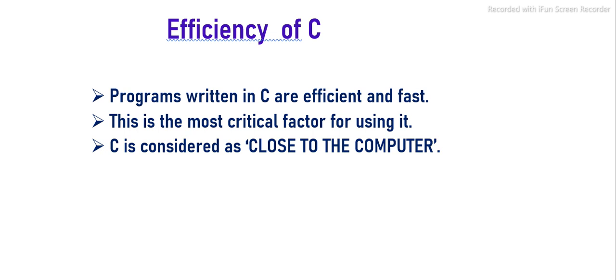But X bought a cake from the nearest bakery shop, so it is much faster. Absolutely it is not the best, but it is faster. This is the same case for the C programming language. That is the only reason we consider C close to the computer. So I have mainly said these 3 points about the efficiency of C. This is the least we have to know about the efficiency.